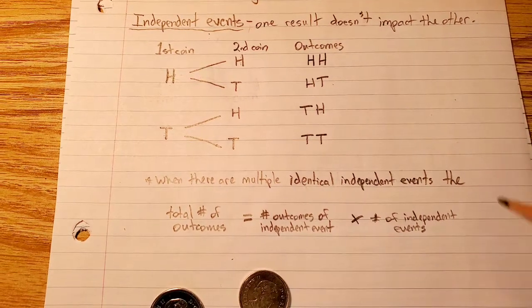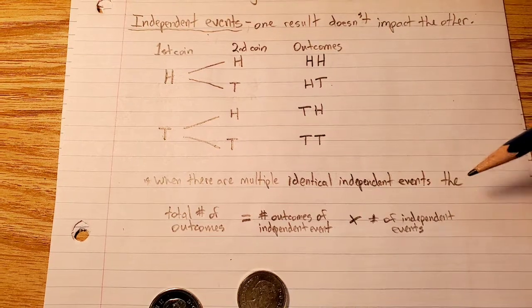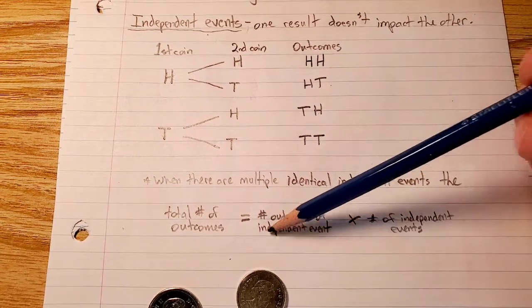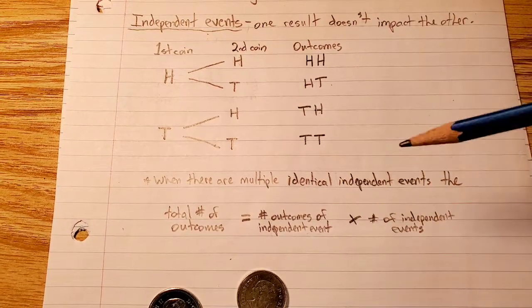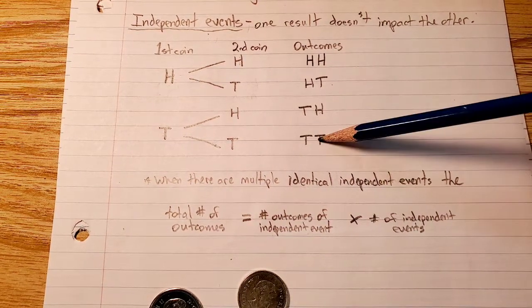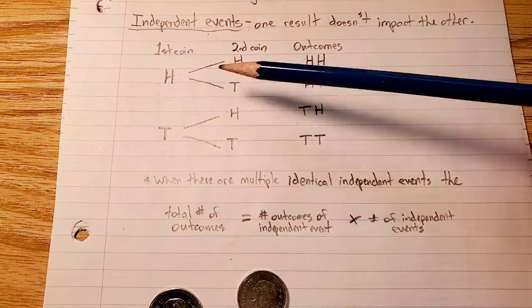I have a side note here. When there are multiple identical independent events, the total number of outcomes will equal the number of outcomes for one independent event raised to the number of independent events. So looking here, how many outcomes did we have? We had 1, 2, 3, 4. Which is equal to the number of events.